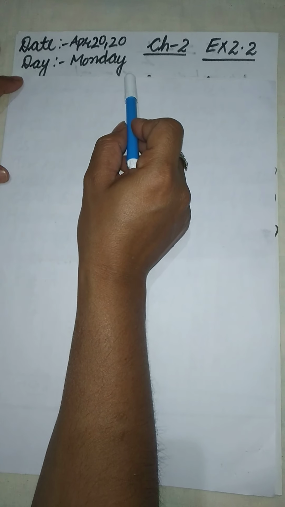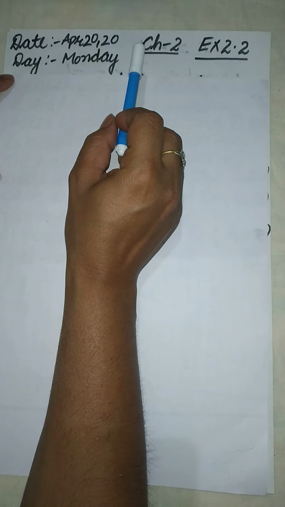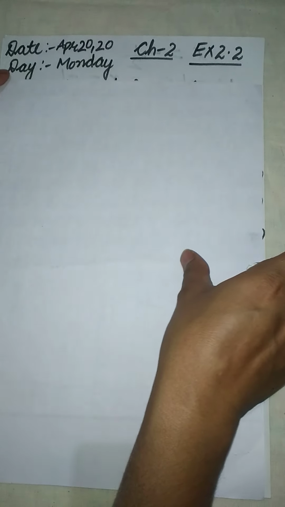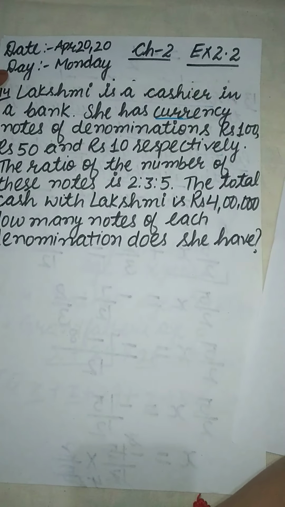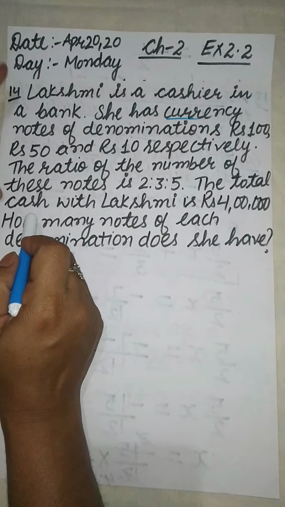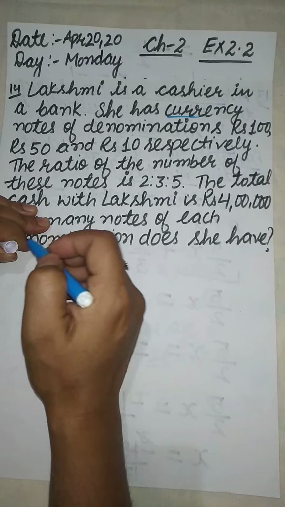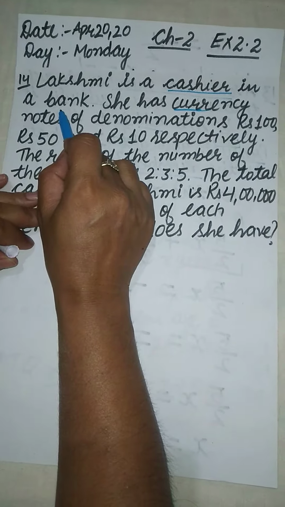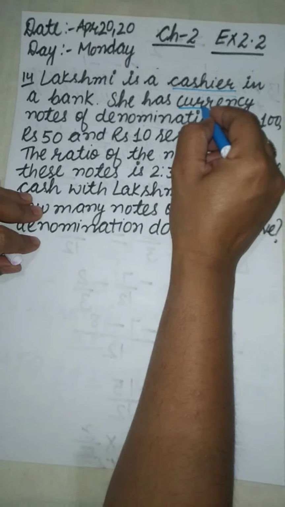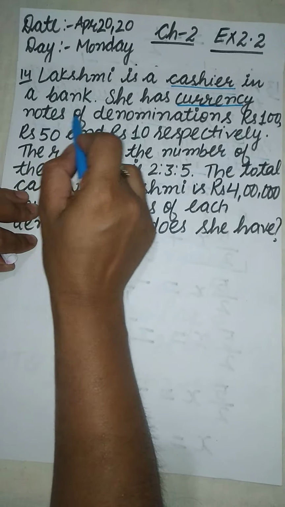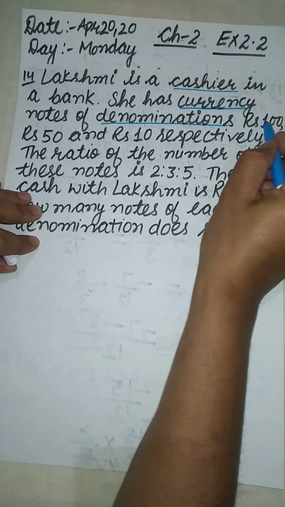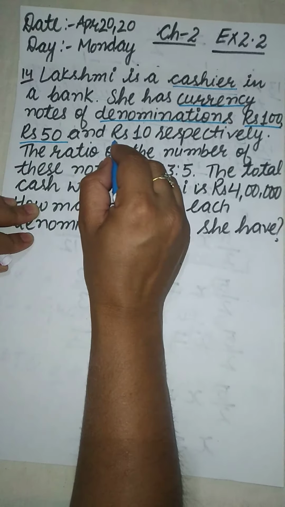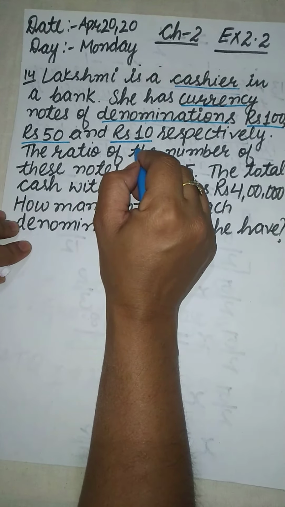Good morning, students. In this video, we will continue with exercise 2.2, question number 14. Question number 14 is, Lakshmi is a cashier in a bank. She has currency notes of the denominations rupees 100, rupees 50 and rupees 10 respectively.